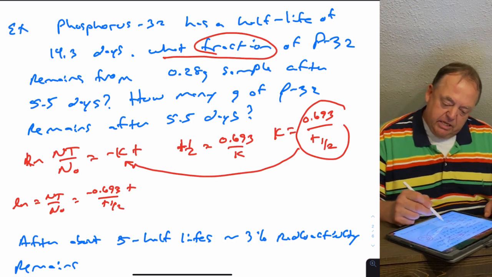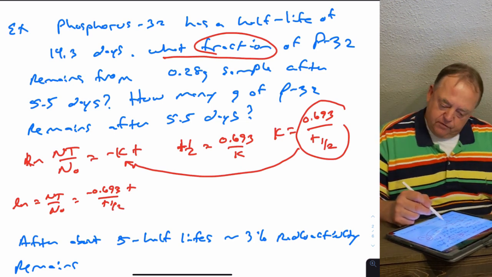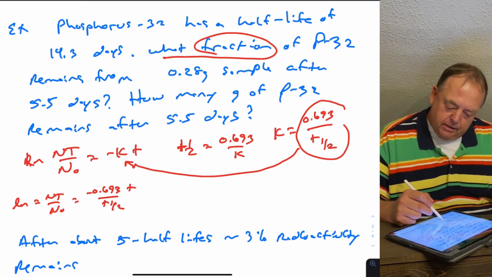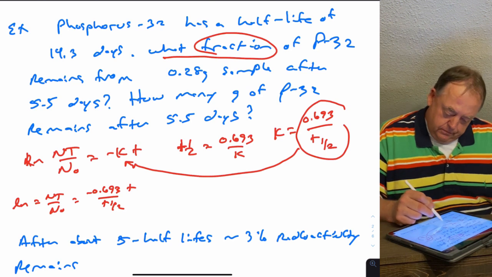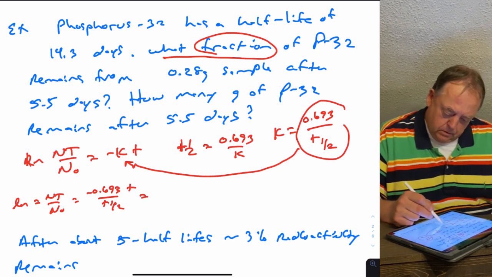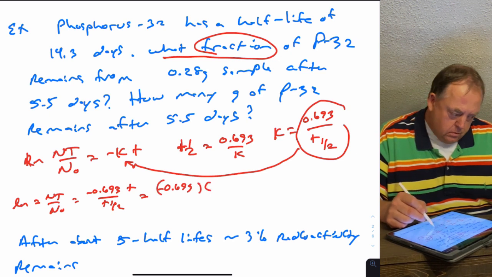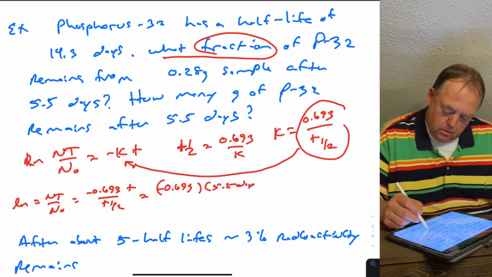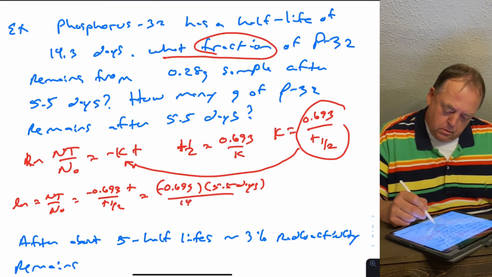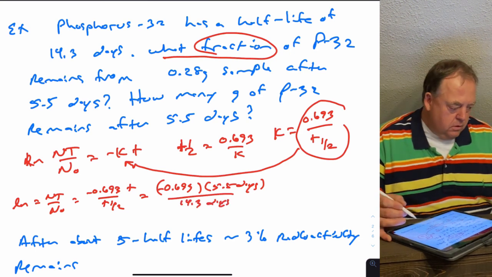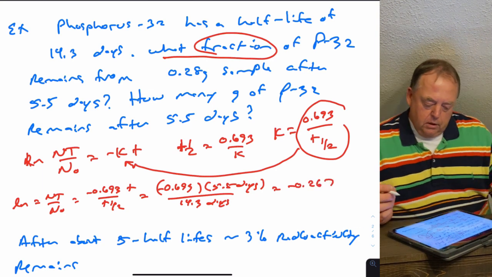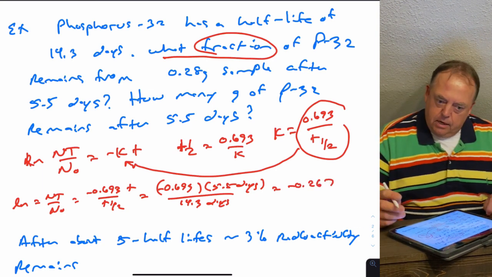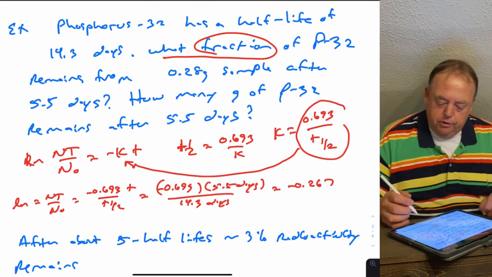So we are given t, right? t is 5.5 days, and we're given T1/2 is 14.3 days. Okay, so ln of Nt over N naught will equal negative 0.267.